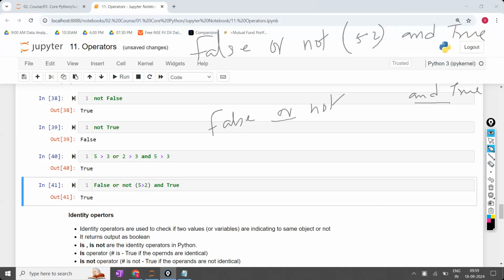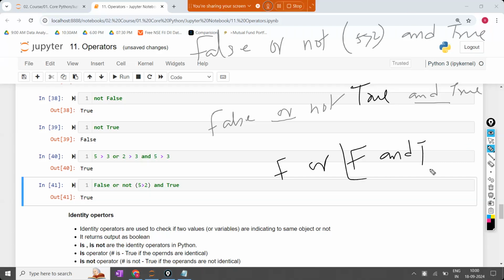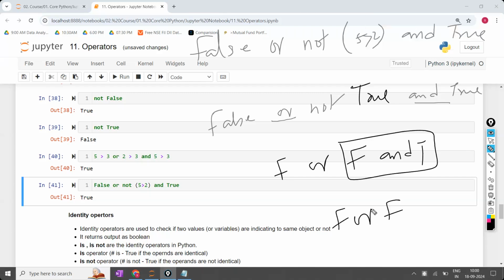Sorry, 5 greater than 2 is true. Not true is false. So false or false and true. Now what is the next one? False and true, what is that? Now false or false.